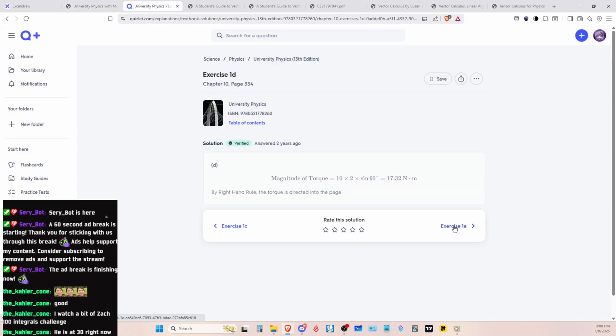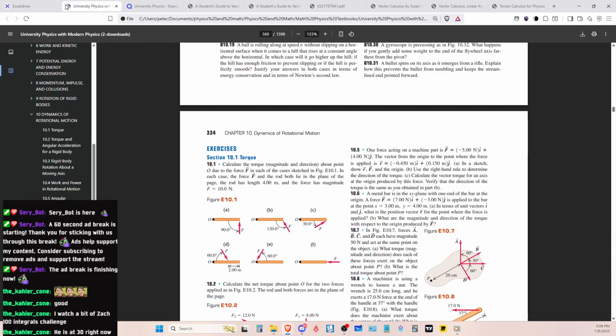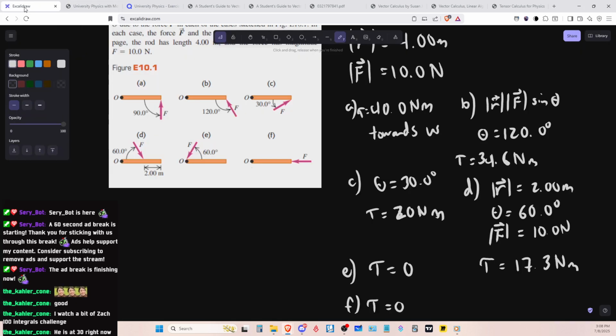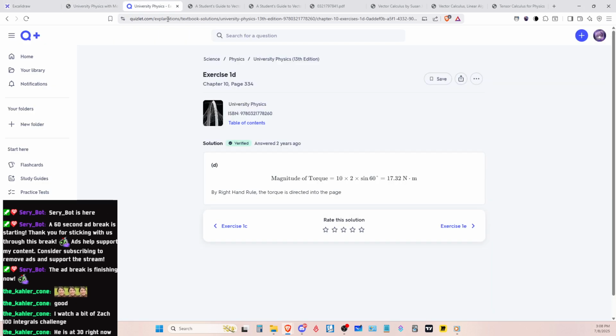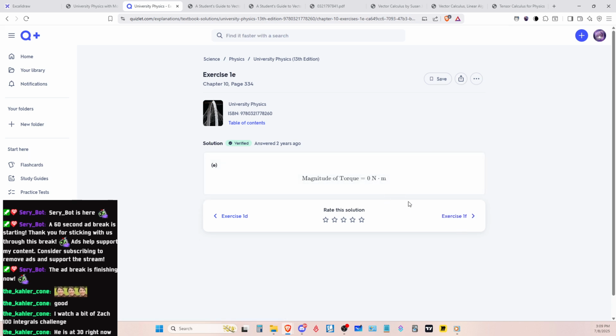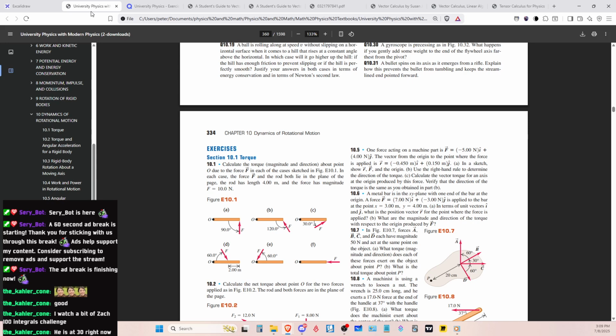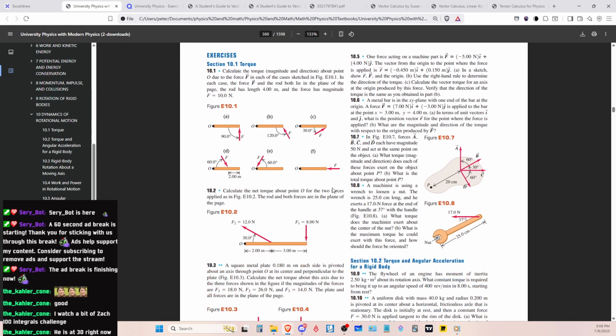For D, let's see, 17.3. Yep, 17.3, we got that one, okay. Now for E, yep, 0, that's what we figured, and 0 for that one, okay. Okay, so now I think we're pretty good at the basic way of thinking about torque.